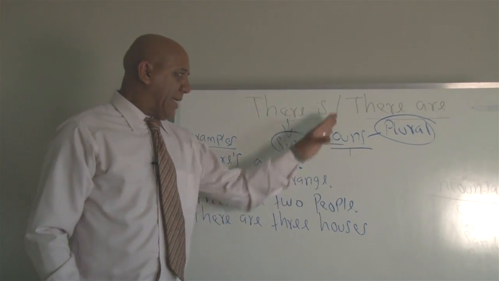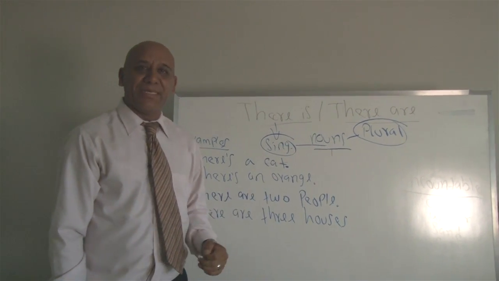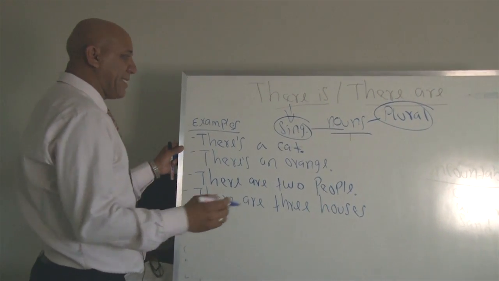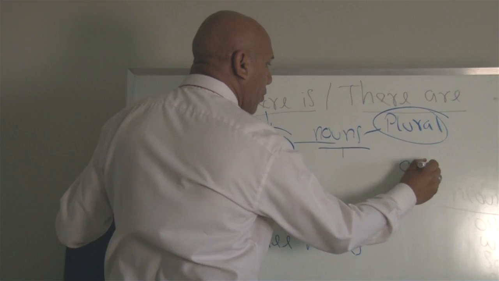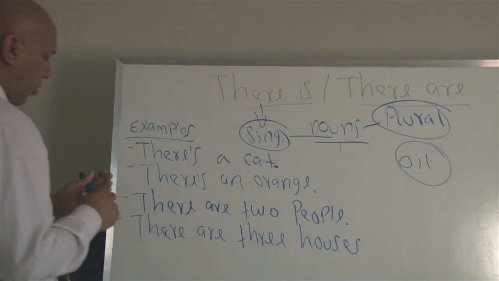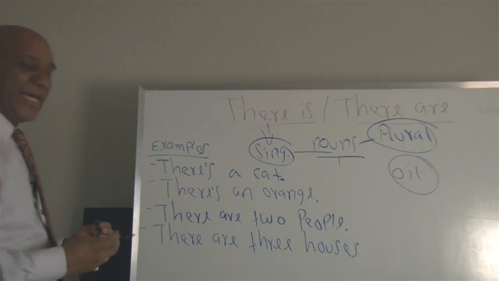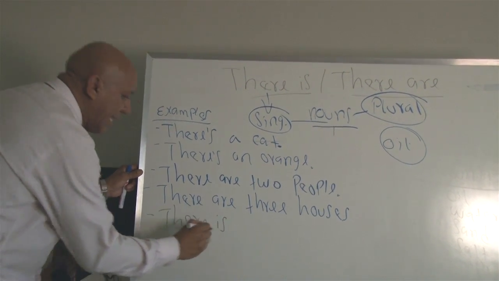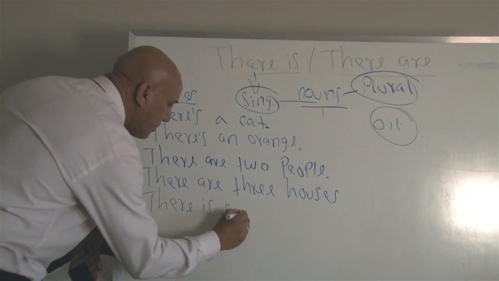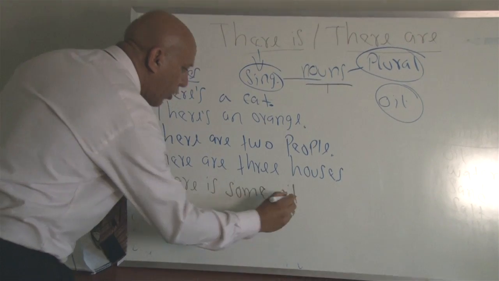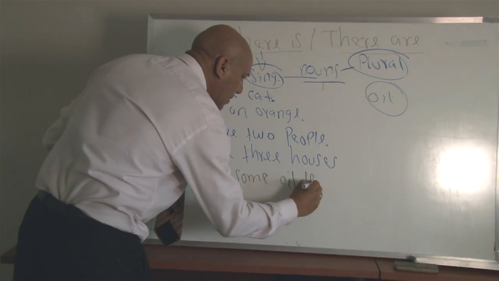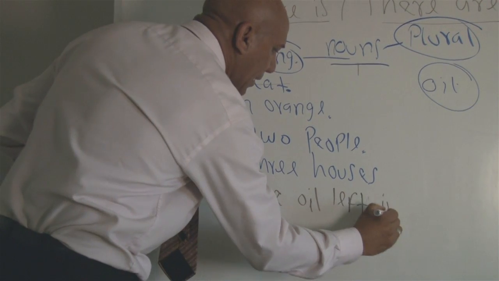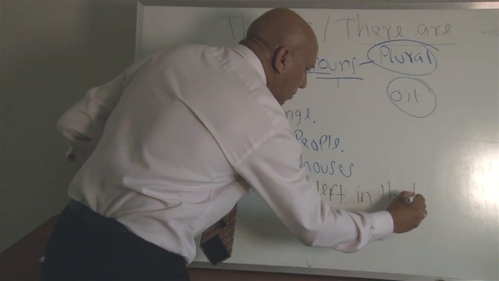I can also use this with uncountable nouns, in the case of oil. So I'm going to say, there is some oil left in the barrel.